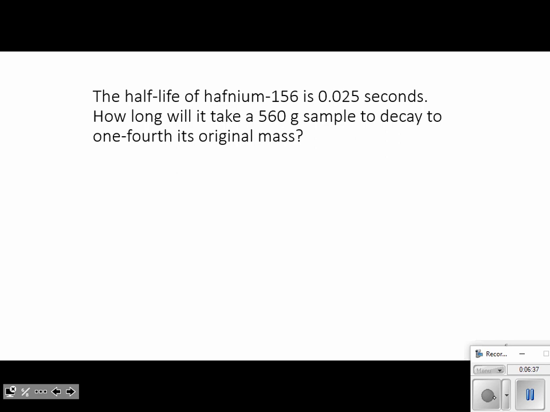All right. Well, if we're starting out with 560 grams, the first half-life is going to give me 280.